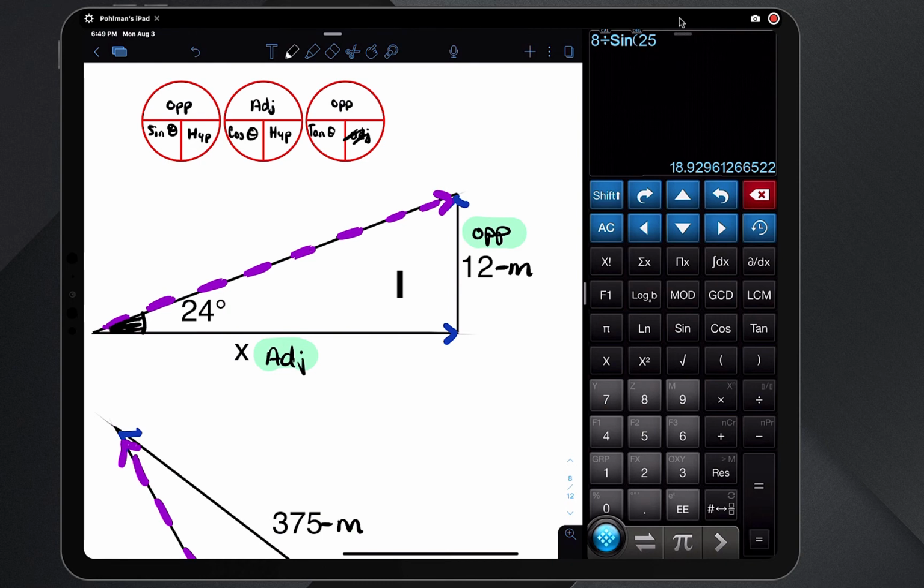And I see that I'm going to take the opposite of 12 divided by the tangent of my angle, 24 degrees. In the calculator, 12 divided by tangent 24 equals, that value would be 26 point, oh boy, let's just say 27, because let's round that off. We'll say 27 meters, and this would be 24 degrees north of east. So it's 24 degrees north off of the eastern direction.